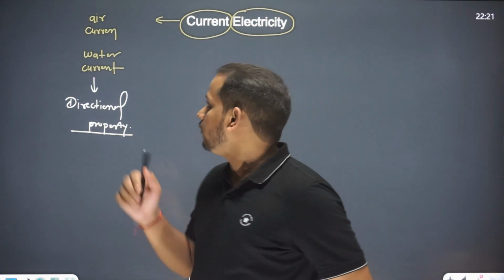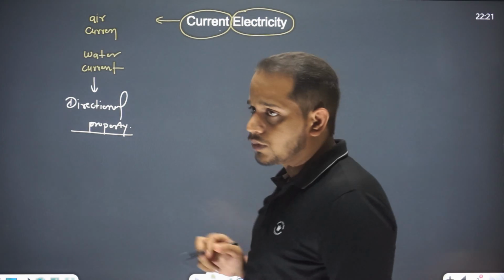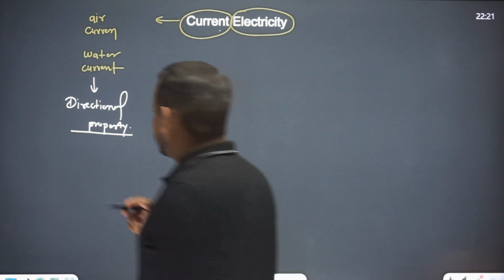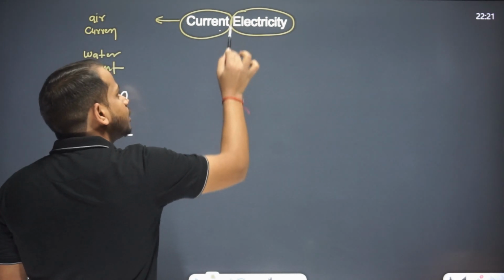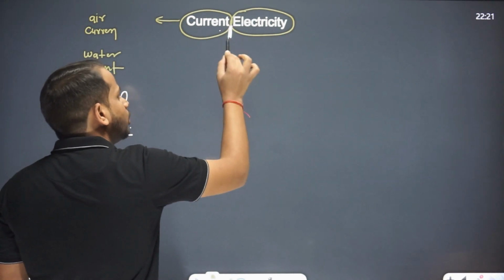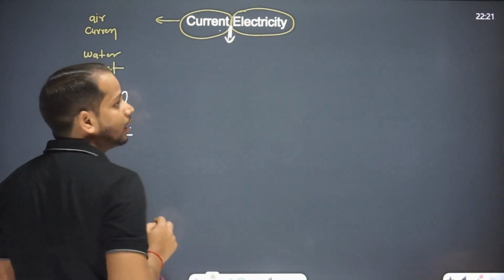So same, when we are saying current electricity, what is the meaning of it? Current electricity means there is a flow of charge, right? So in general, how do we define current electricity?